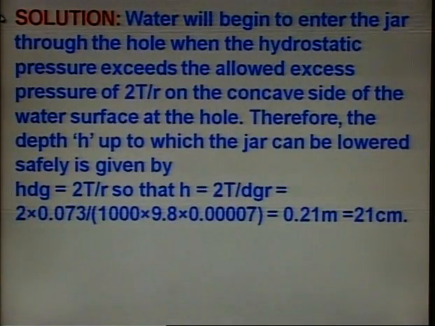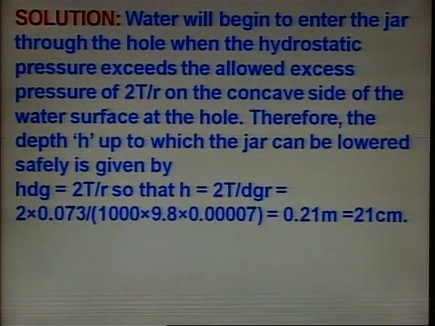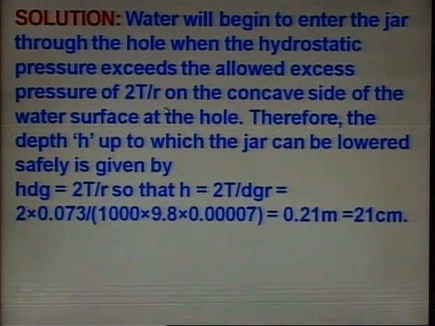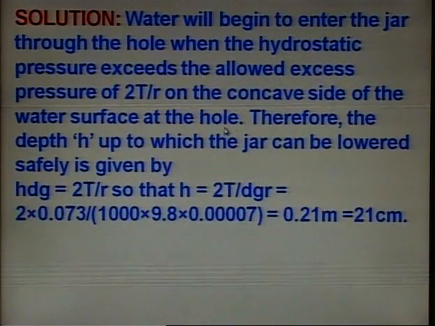So let's see the solution. What is the solution of this problem? Water will begin to enter the jar through the hole when the hydrostatic pressure exceeds the allowed excess pressure of 2T upon R on the concave side of the water surface at the hole.